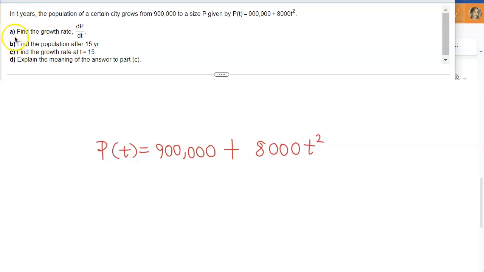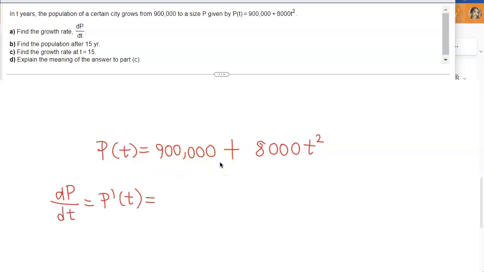So part A, they're asking us to find the growth rate, dP over dT. So they're asking you to find the derivative of P, this population function, with respect to T. This notation, dP dT, is basically asking you to find the first derivative of this population function. So the derivative of 900,000 is just 0 because it's constant.